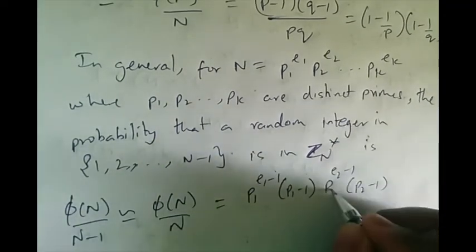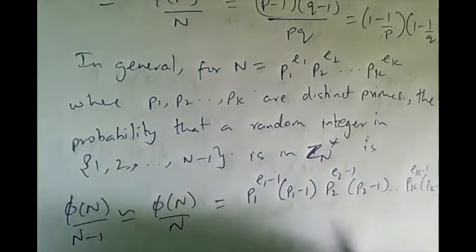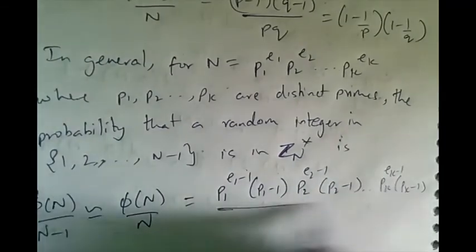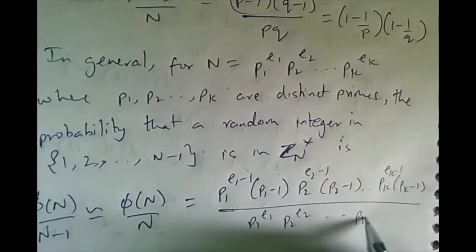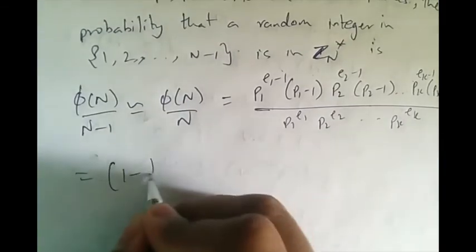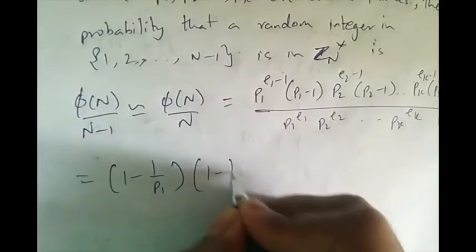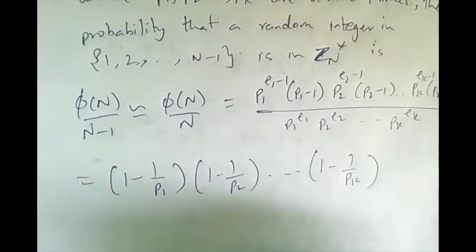Then p2 raised to e2 minus 1 into p2 minus 1, and so on, up to pk raised to ek minus 1 into pk minus 1, divided by p1 raised to e1, p2 raised to e2, up to pk raised to ek. So this is going to be 1 minus 1 by p1 times 1 minus 1 by p2, up to 1 minus 1 by pk.